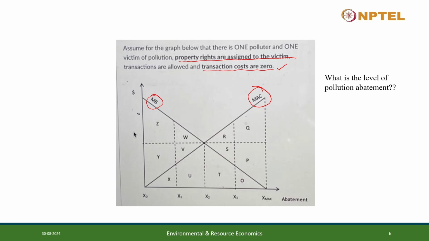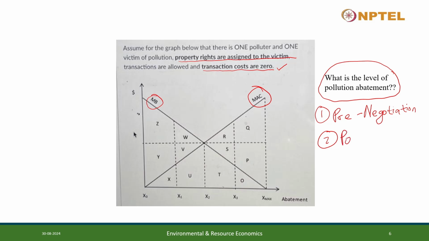Here the first question is, what is the level of pollution abatement? In the case of pre-negotiation, when there is no negotiation between the victim and the polluter, what will be the level of pollution? And then post-negotiation, what will be the level of pollution? So please answer me for both the cases. This is the graph which is given. Based on it, what will be the optimum level of pollution abatement?